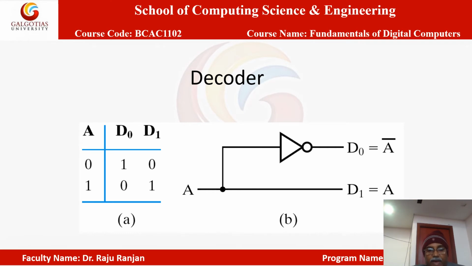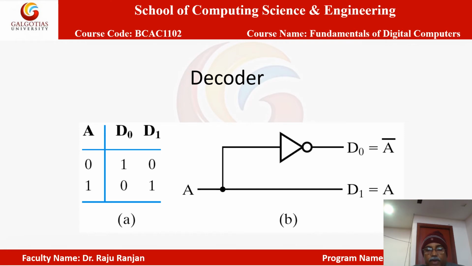If the value of A is 0, you can see in this circuit that one of the outputs, D1, is directly connected to the input A. So whatever the input is, we will get it here as output. Output at D1 will be A. The second path goes to the inverter circuit, a triangle and then a bubble.